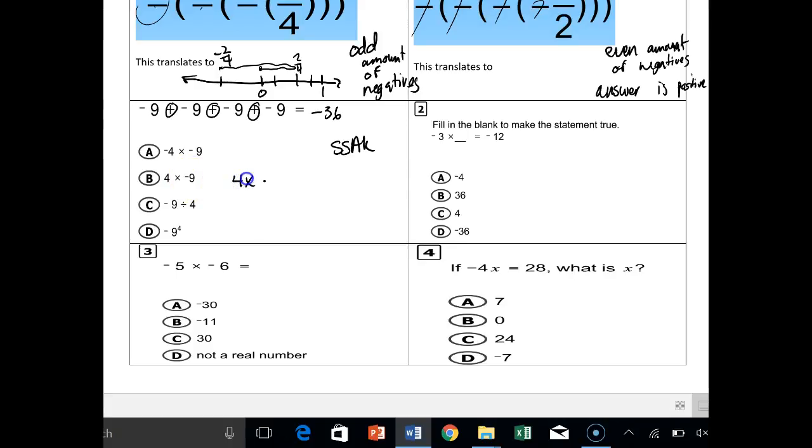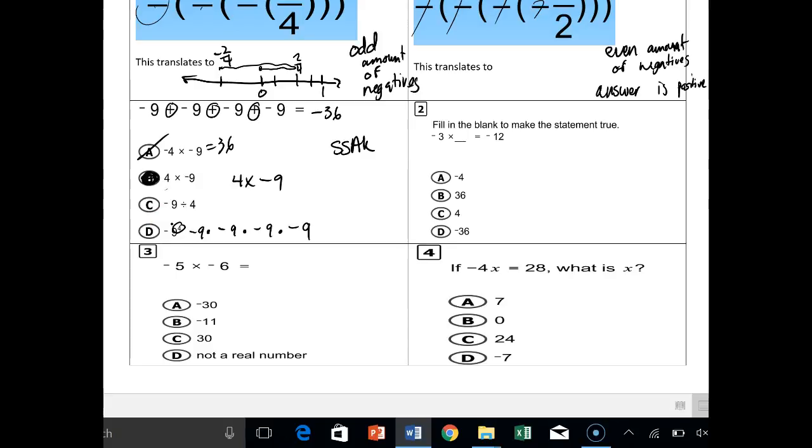It's 4 times negative 9, because we had 4 negative 9s that we want to multiply, right? This would obviously be a positive 36, so that's why that's out. This would be a fraction, and this would be negative 9 times negative 9 times negative 9 times negative 9. That's that exponent right there. It says to multiply that base number, negative 9, times itself 4 times.